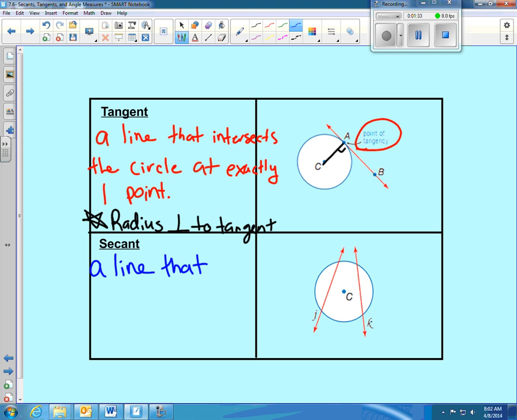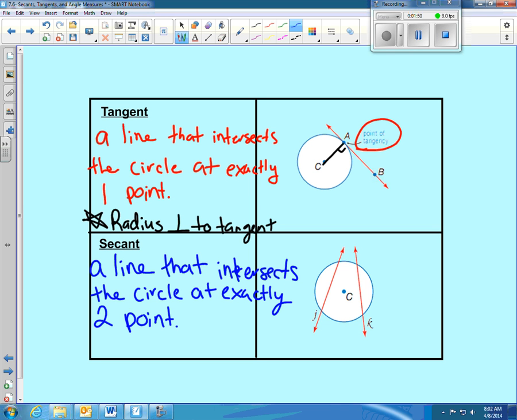So a little different than our tangent because it is at 2 points. And when it intersects at 2 points, it creates a chord. So here's a secant. Here's our 2 points of intersection. So this is a chord.